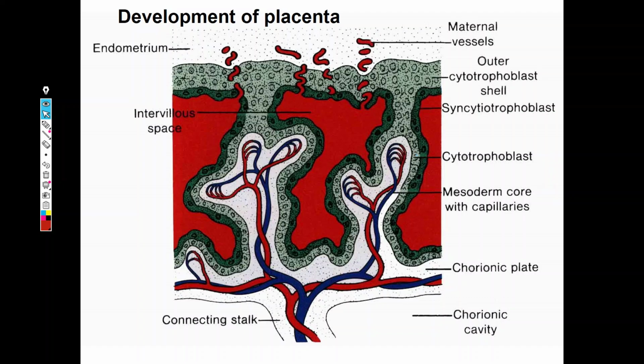So trophoblast and mesoderm make up the chorion. Chorion is made of villi. Between villi we have the intervillous space, which is filled with maternal blood. Villi are covered with trophoblast, of course.